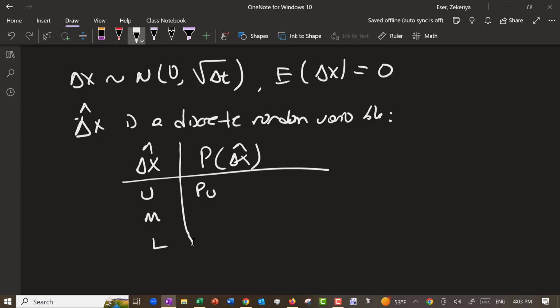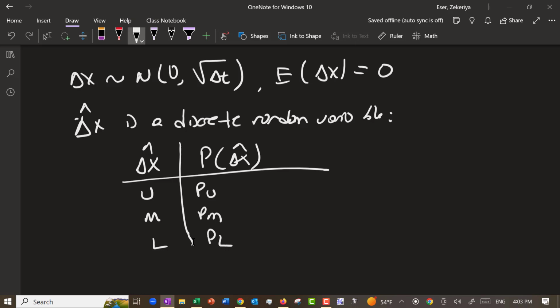This is going to happen with probability PU, PM, and PL. Okay? So there are 6 things that we don't know, and we're going to impose conditions, and from those, we're going to figure out what those 6 things should be.